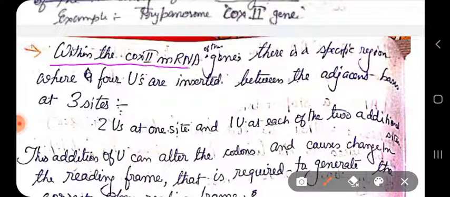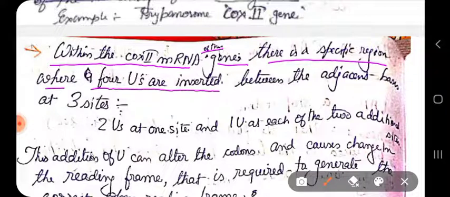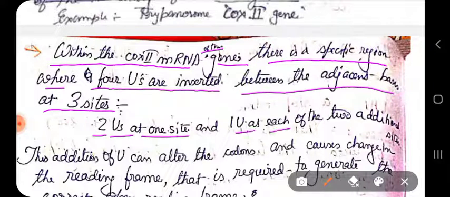Within the COX2 mRNA of the gene, there is a specific region where four uridines can be inserted between the adjacent bases at three sites: 2 U's at one site and 1 U each at the two additional sites. So four uridines have been mentioned.